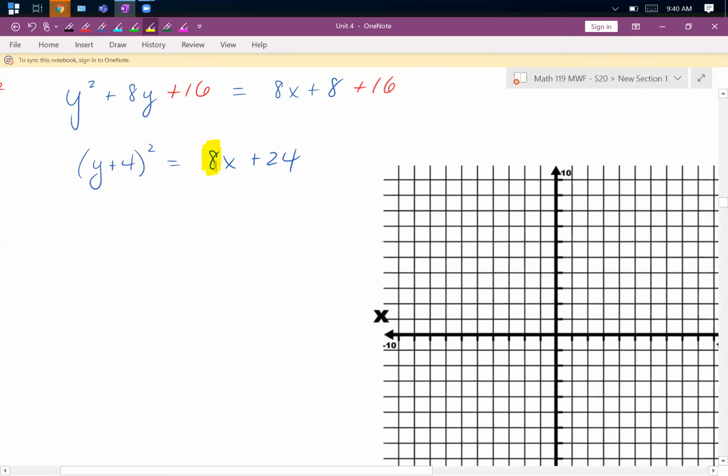Now, it usually is a whole number, something nice, but I guess it could be a fraction. I don't intend on doing that to you, but it could be. So we need to make sure to factor that whole thing out. So that's y plus 4 squared equals 8 times x plus 3, and we're in our standard form of a parabola.